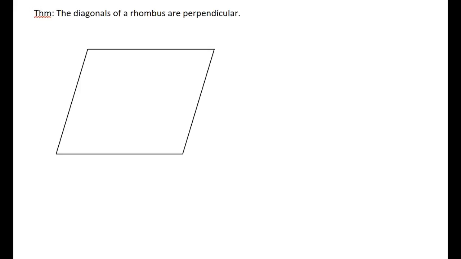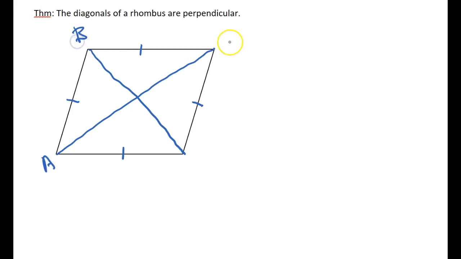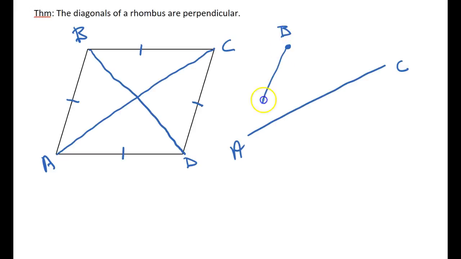Our next theorem involves a rhombus, and it says that the diagonals of a rhombus are perpendicular. Well, how are we going to show that? Here's how it works. I'm going to draw my diagonals, and by definition, all the sides of a rhombus are congruent. Okay, so here's A, B, C, D. So if I took segment AC, and here's point B up here, remember that these two sides are congruent.